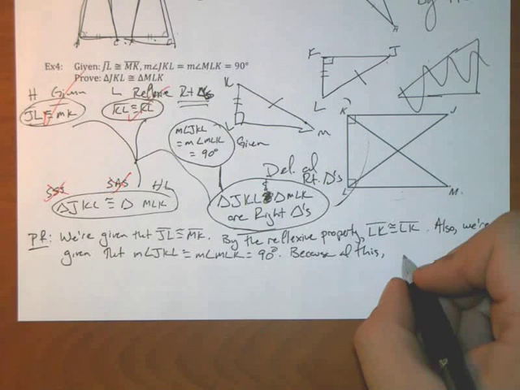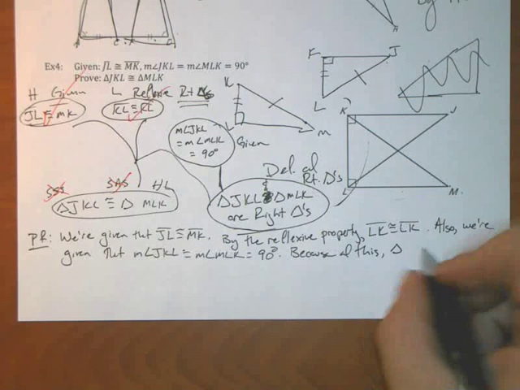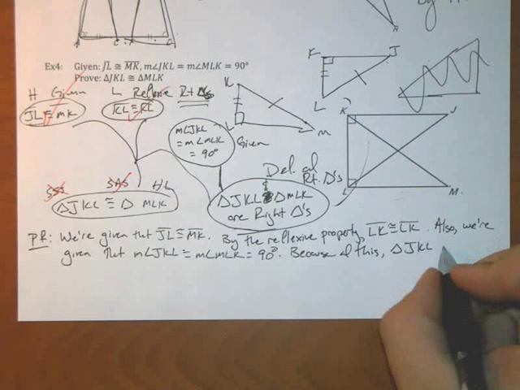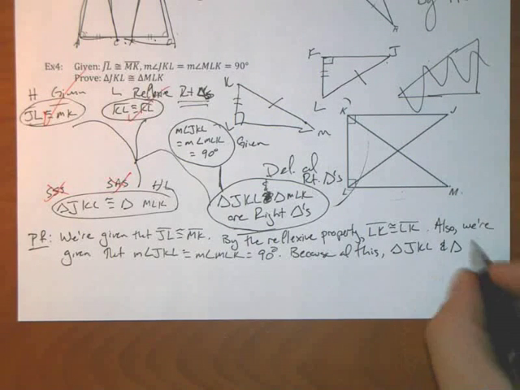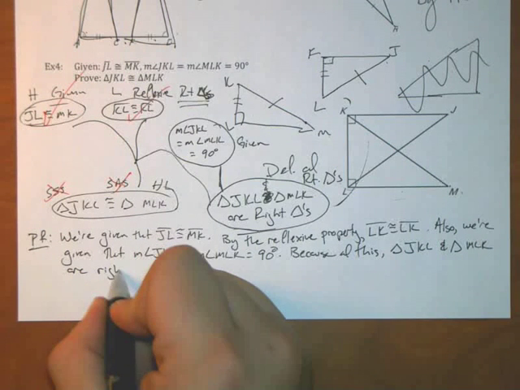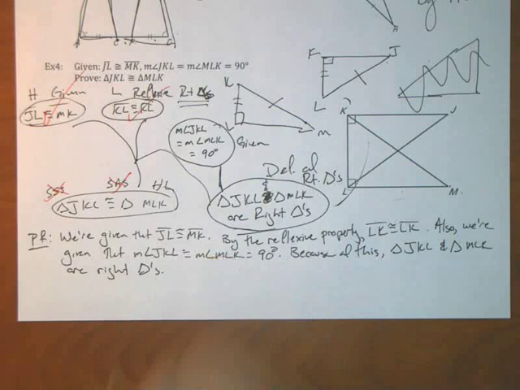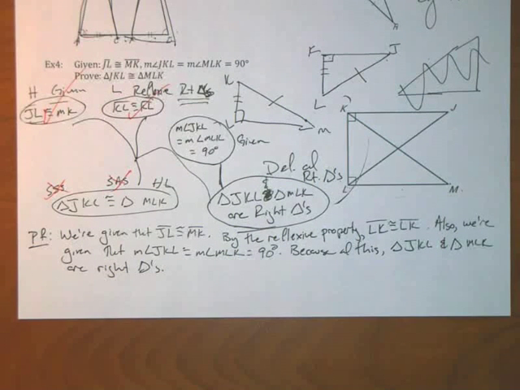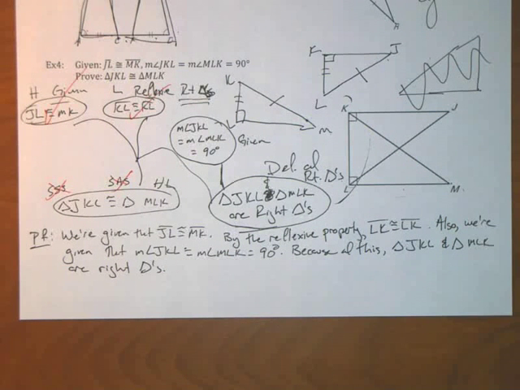Because of this, triangle JKL and triangle MLK are right triangles.